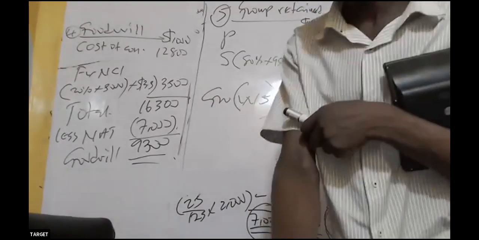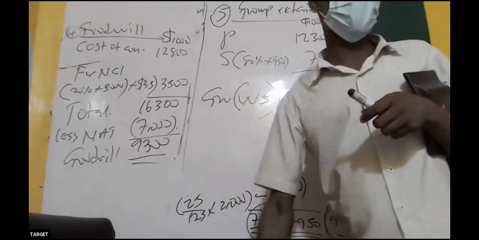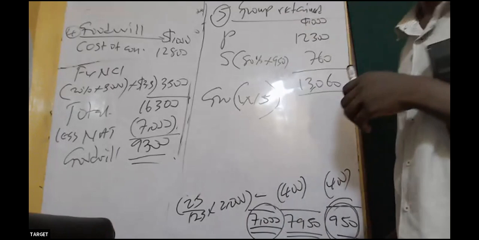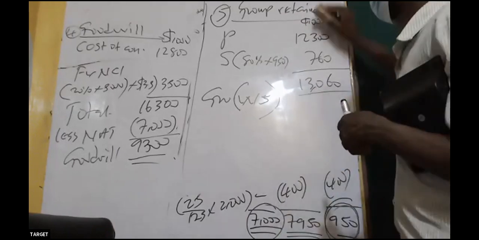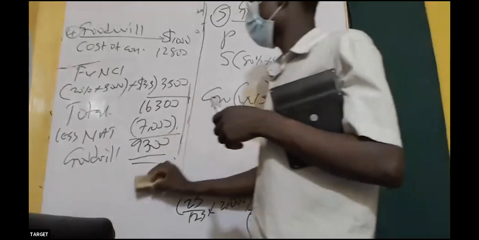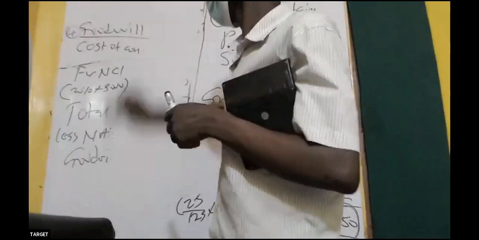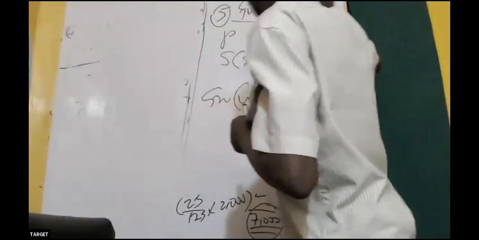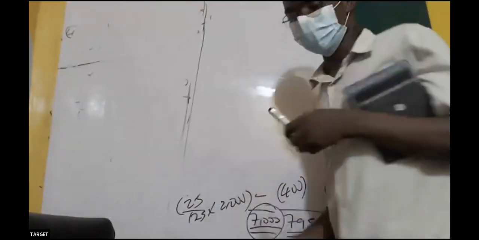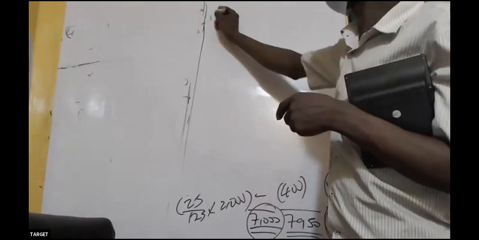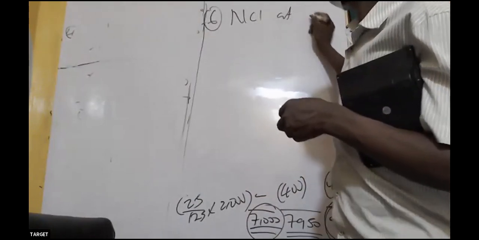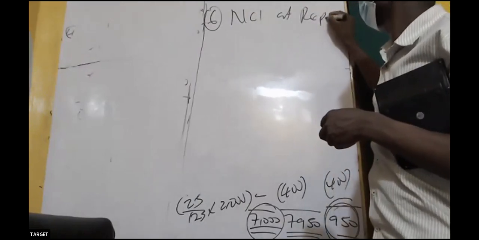So that is it. Now from here, workings number 6, NCI at reporting. Let's find the NCI figure. NCI at reporting, workings number 6.